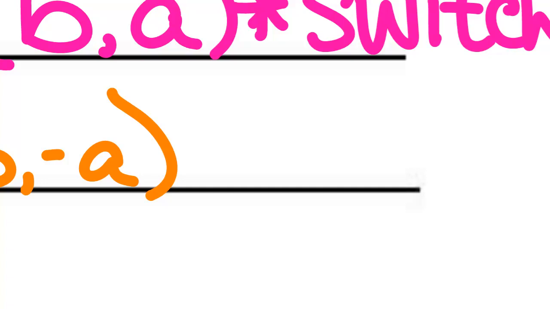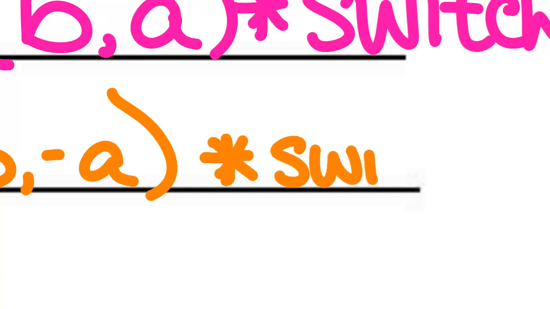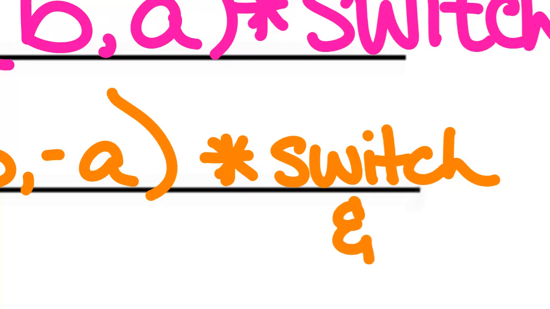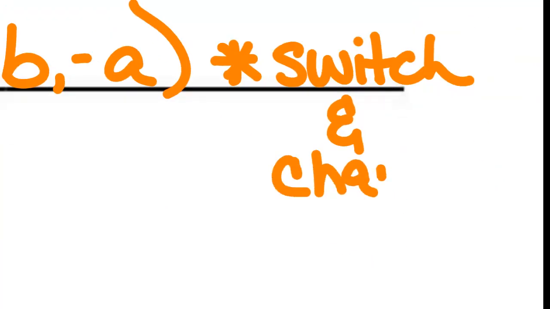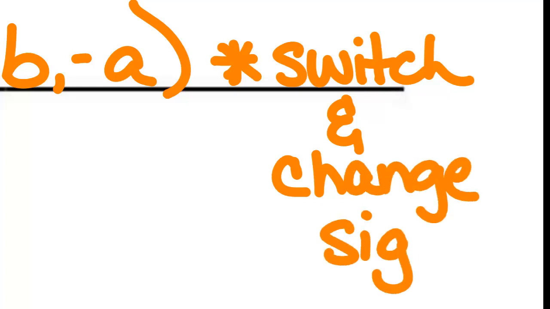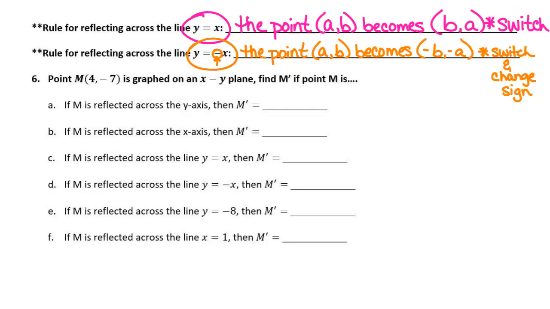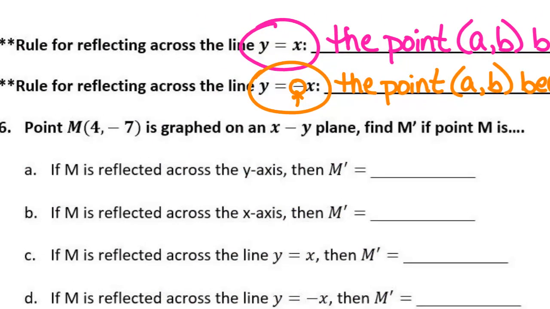When we reflect over y equals -x, we're going to switch and they're going to change sign. That does not mean that these will always be negatives here. If my original point had a negative in it, then it's going to switch over here and become a positive. If my original point had positives in it, then it's going to switch over here and become negative. Whatever the sign was originally, I'm going to switch the order and make it the opposite sign that it was before. Right, let's practice that a little bit.